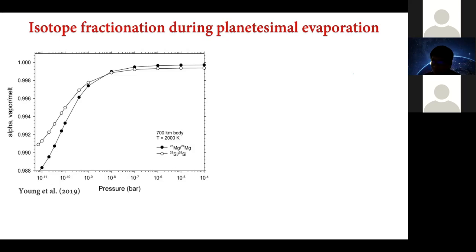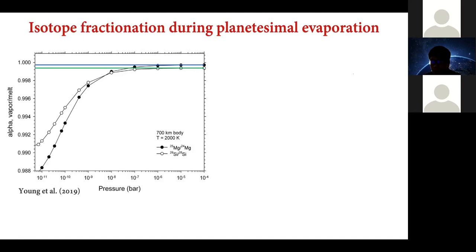Here, I'm not going to show all details about that paper. Here is a figure from that paper, which shows the net fractionation of magnesium and silicon between vapor and melt. Here is the alpha. So these two lines are the equilibrium isotope fractionation between vapor and the melt.